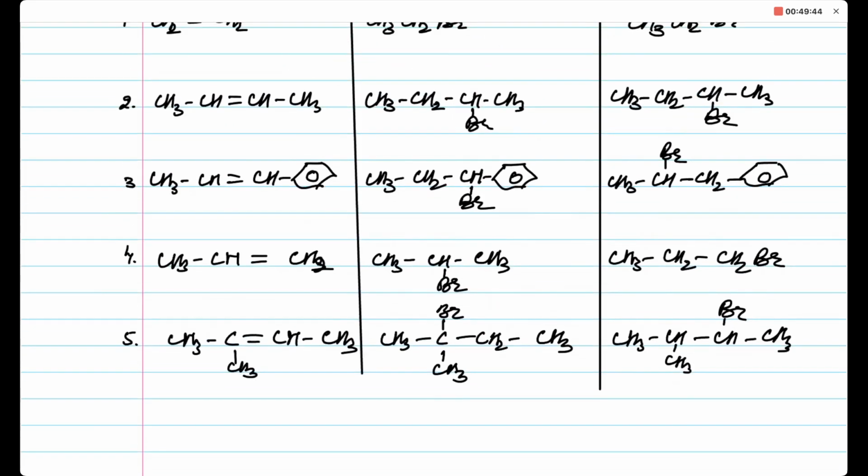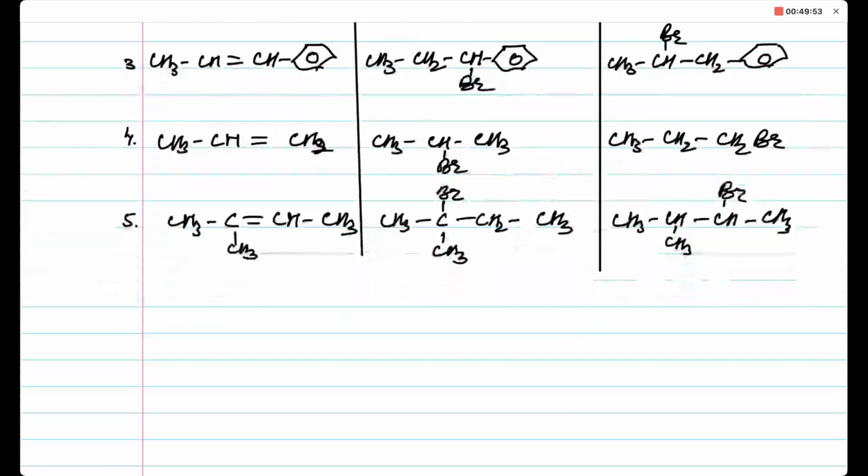In case of the fourth and fifth, we find that the carbons containing the double bond have a different number of hydrogens.